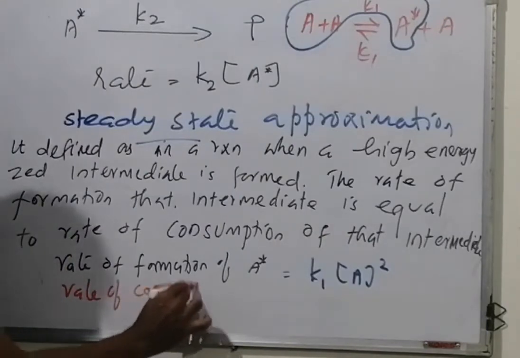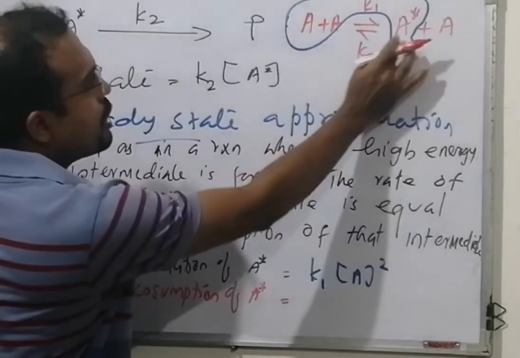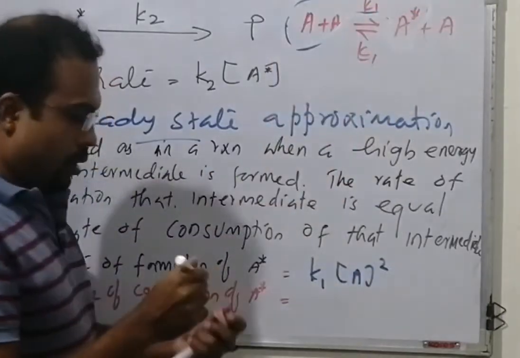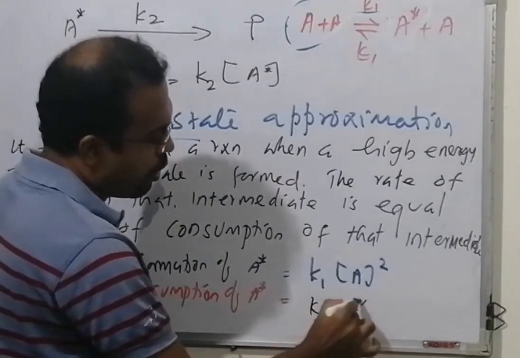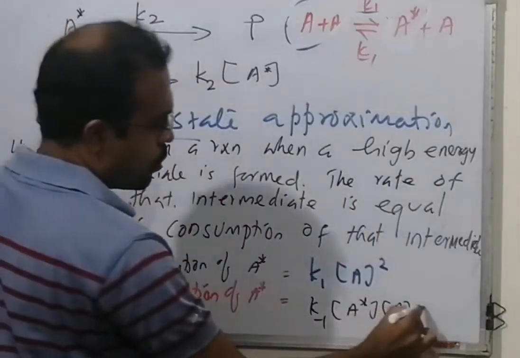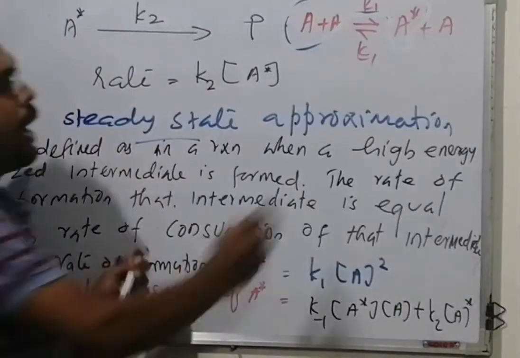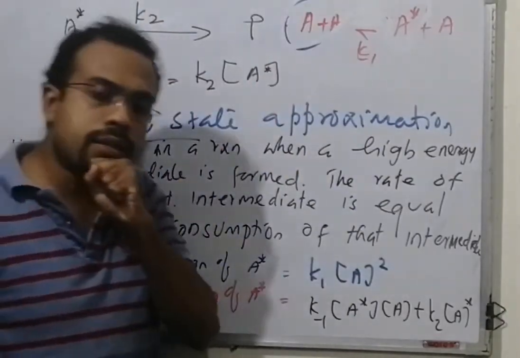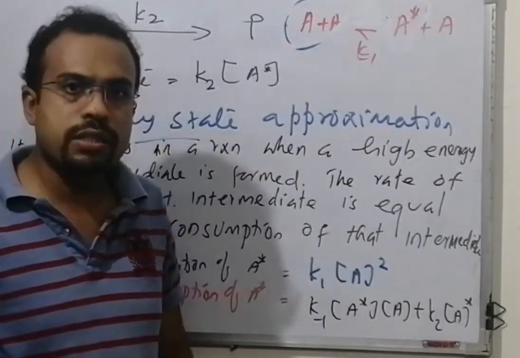Rate of consumption or rate of decrease of A star. This backward reaction is one kind of consumption, that is A star into A, and this reaction also, product formation, that is K2 A star. Dear student, imagine the backward reaction: A star is consumed and A star concentration is decreased.